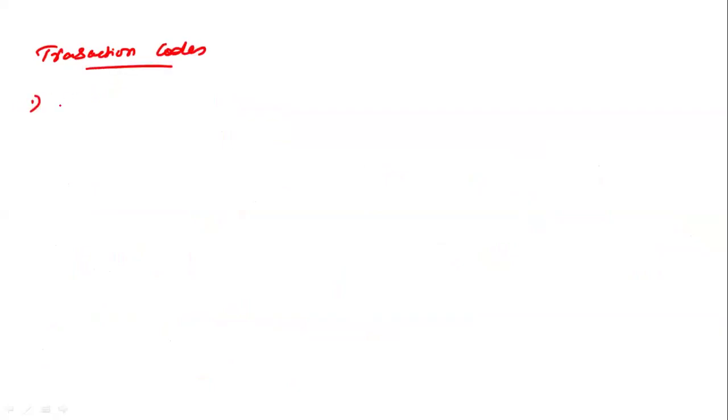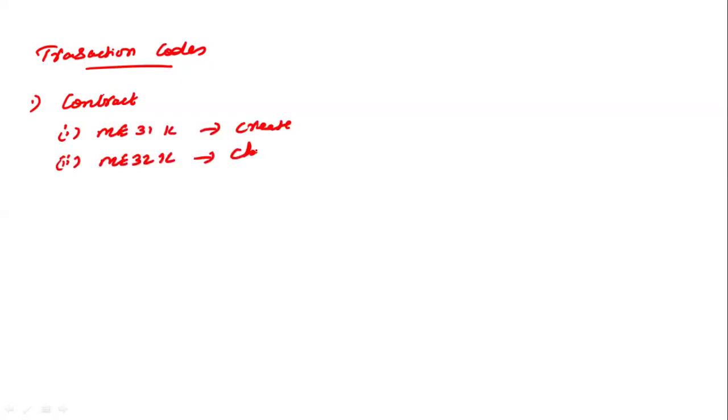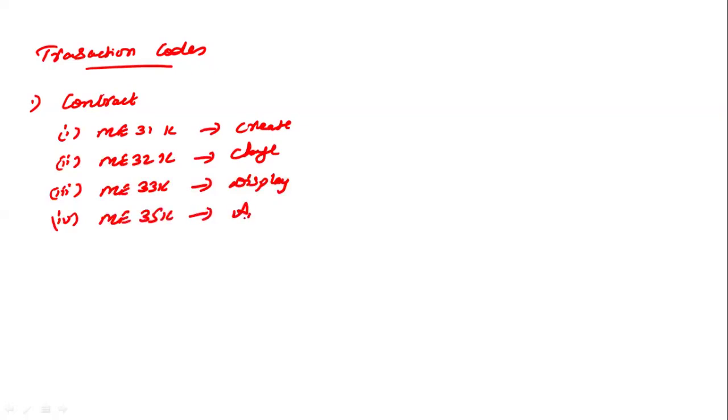For contract, it is ME31K to create, ME32K to change, ME33K to display, ME35K to approve.